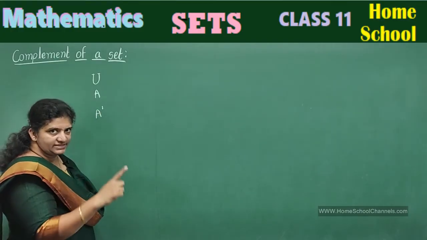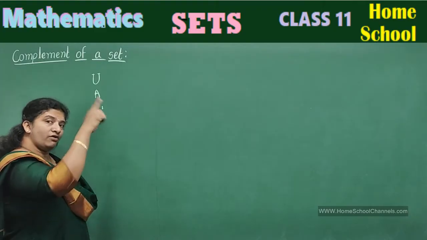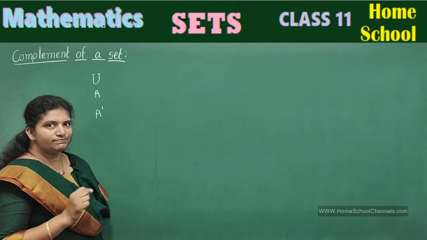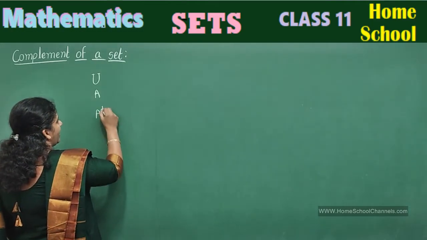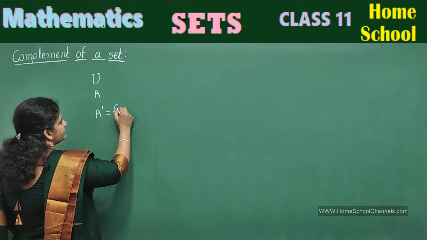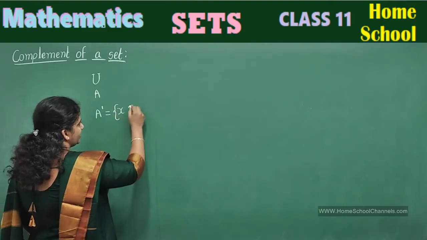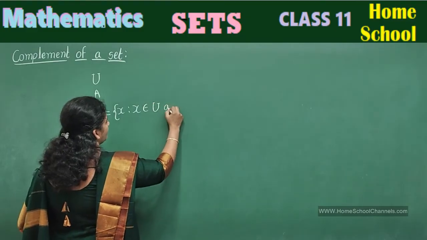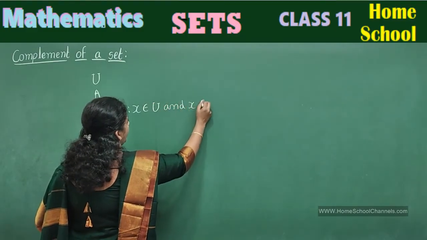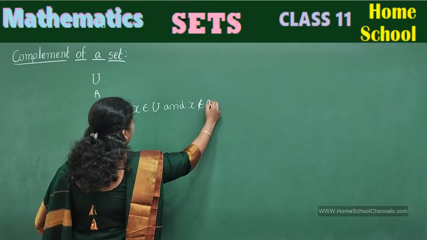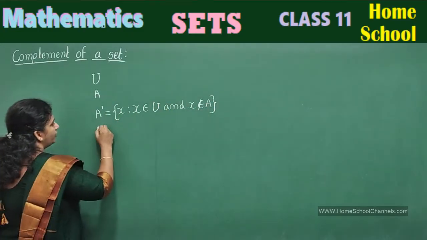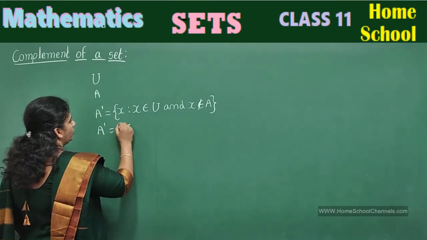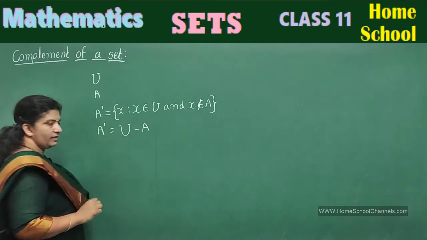A dash is equal to set of all x such that x belongs to universal set and x does not belong to A. Or you may say this as A complement is equal to U minus A.